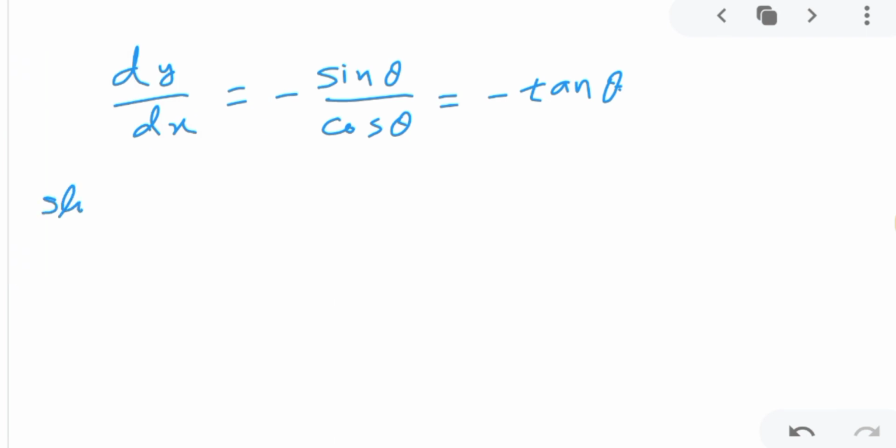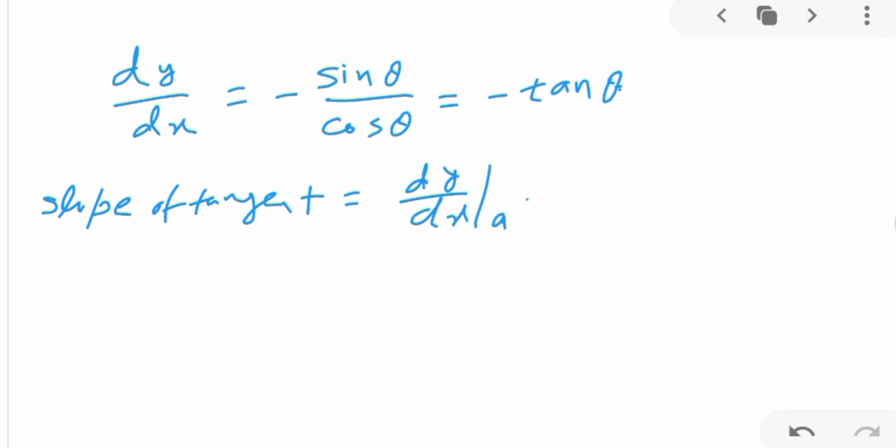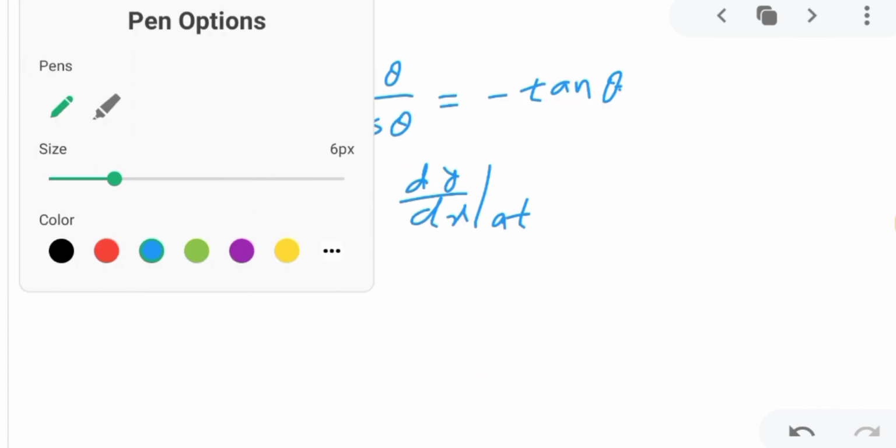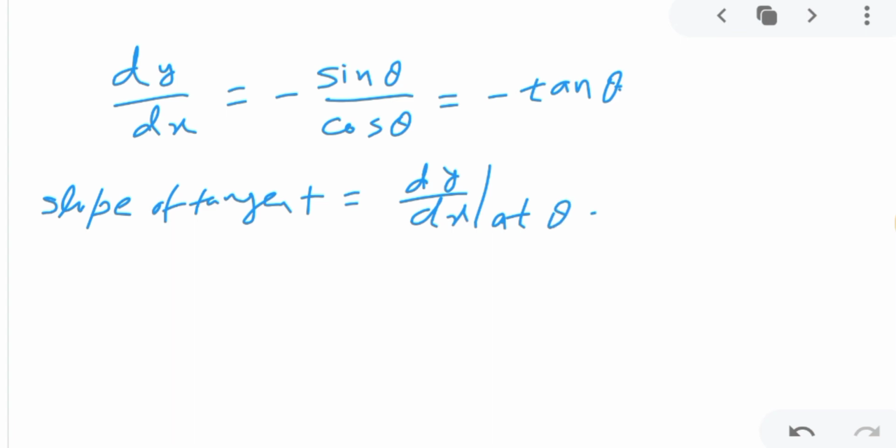So the slope of the tangent will be dy upon dx. Here the variable is theta, not x, so I will use theta equal to pi upon 4. It is the same thing, because the derivative result is in theta, so no issue.